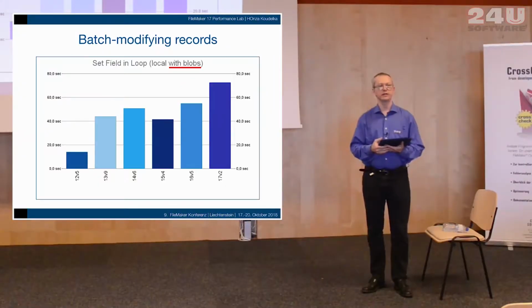If you have a database with a long text in a field with a lot of data, then the speed of modifying that and storing the data is significantly worse, even more in 17 than it was in 16.